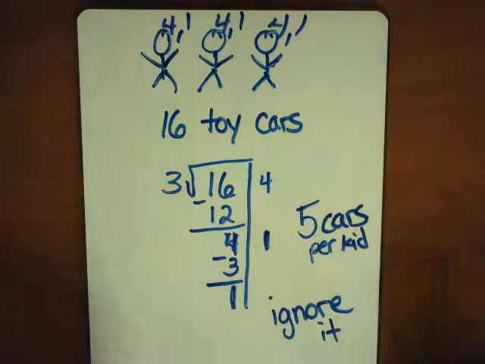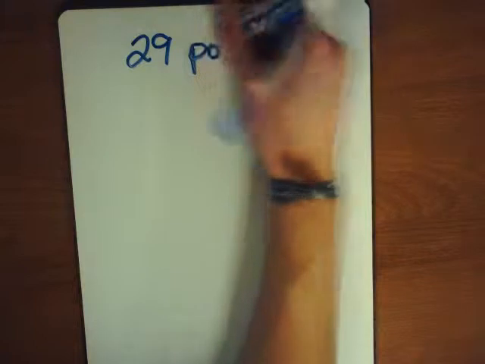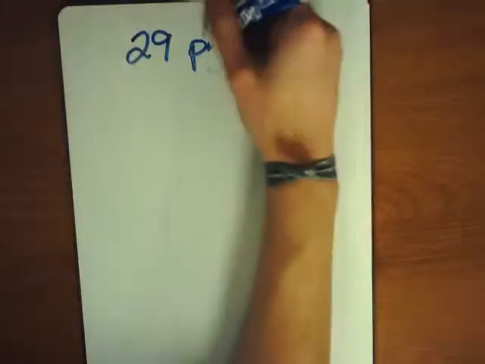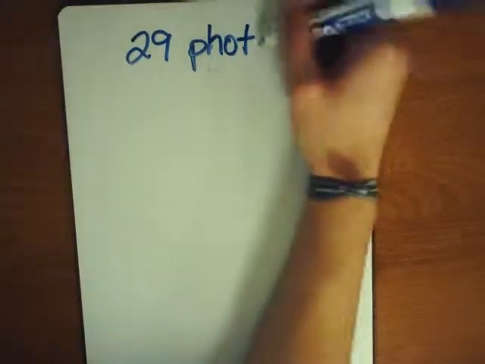All right, so I'm going to go ahead and erase. Okay, in this last one, we have a child, and he's got 29 photographs. This is almost like the example that I was talking about. I'm just going to write photos.